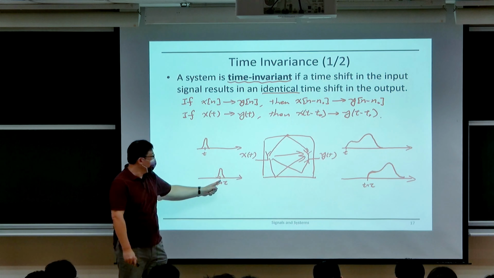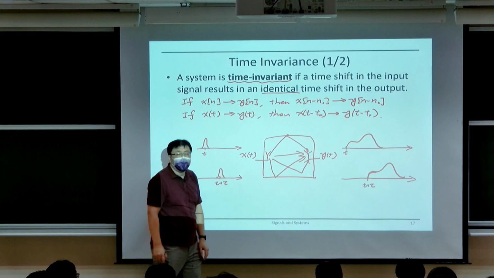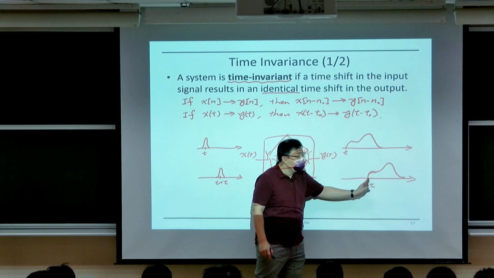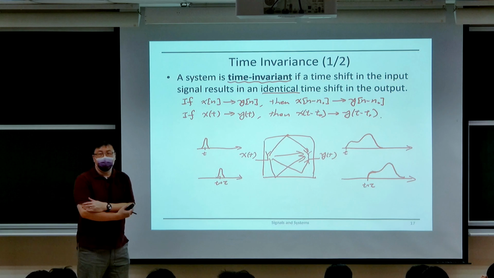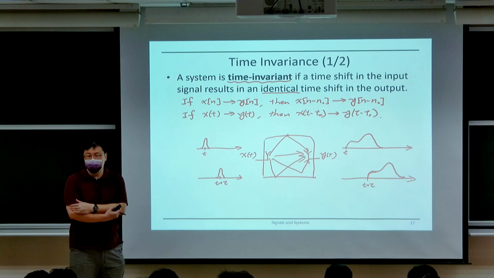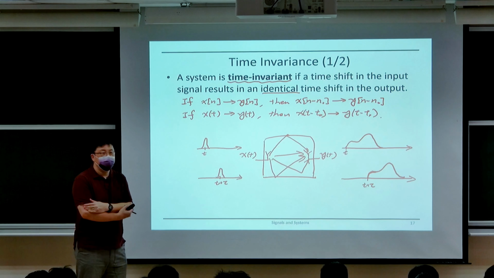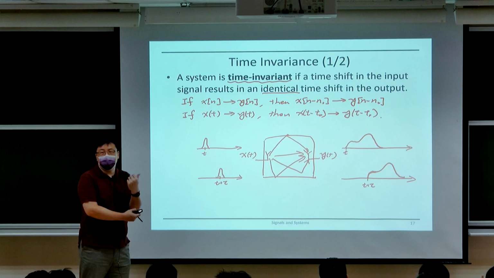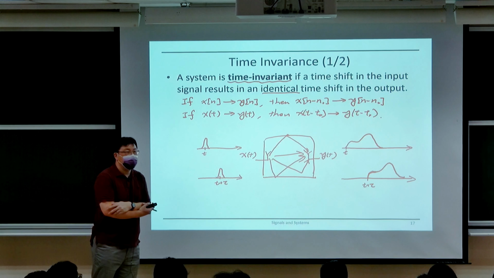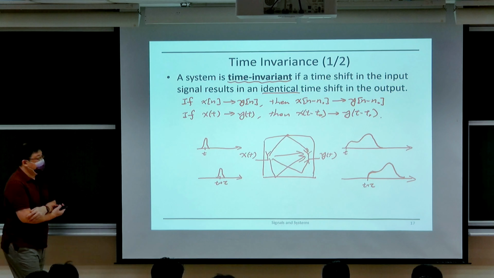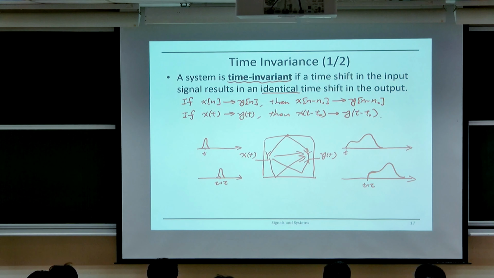Because the input occurred tau seconds later, the output should also occur tau seconds later, right? That's reasonable, right? Okay? Do you have any questions? Okay? So if this is the case, then the system is time invariant. Right? This is time invariant.